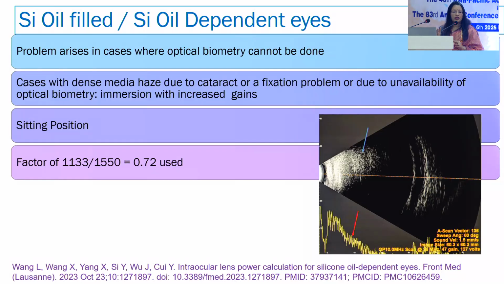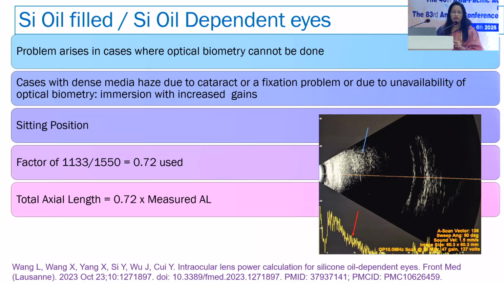But if silicone oil of 5000 centipoise has been used, the velocity you need to feed in is 1133 or 1140. So we take a factor, 1133 divided by the velocity which has been fed in the machine. We get a factor of 0.72, and that should be multiplied with the measured axial length to get the correct total axial length.